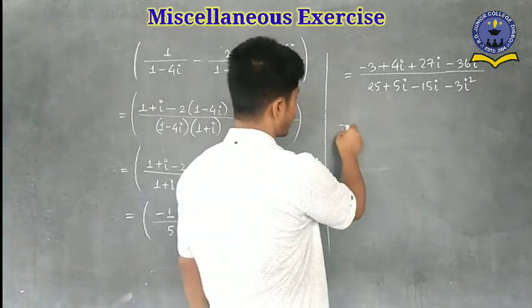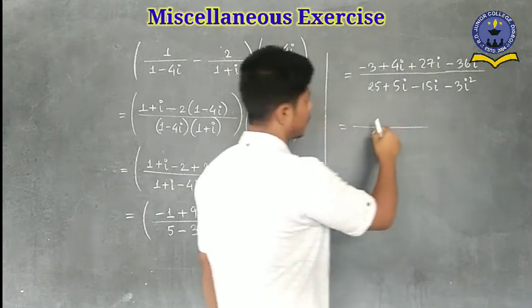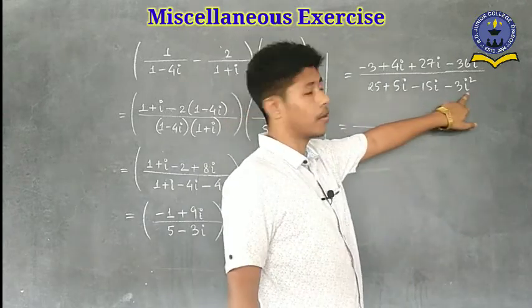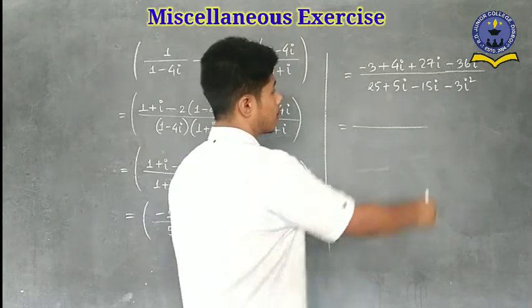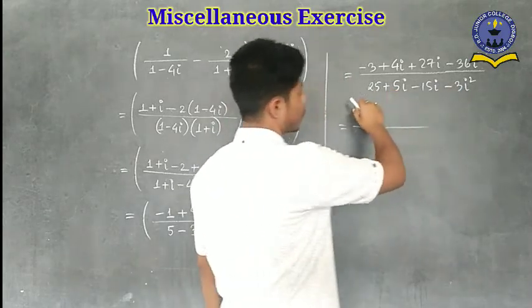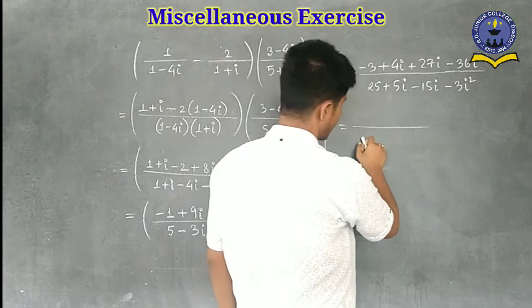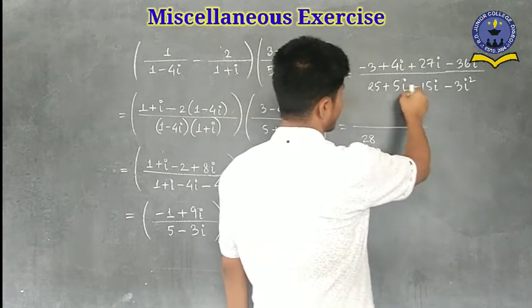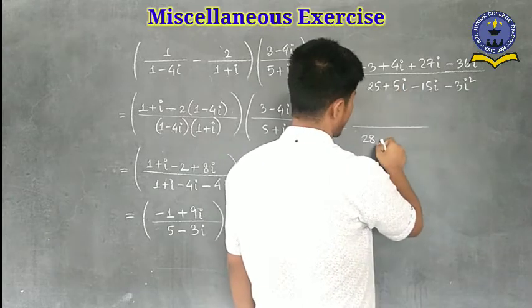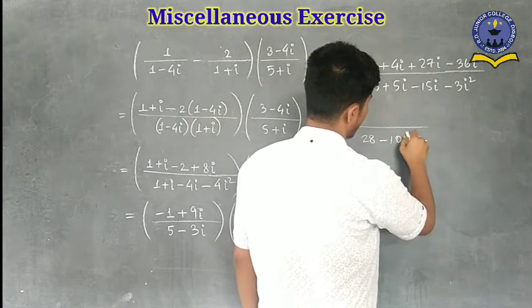So now if we calculate this one, i square is minus 1, minus minus plus, so 3 plus 25, we get 28, and then this one is how much? 15 minus 5, that means minus 10i.